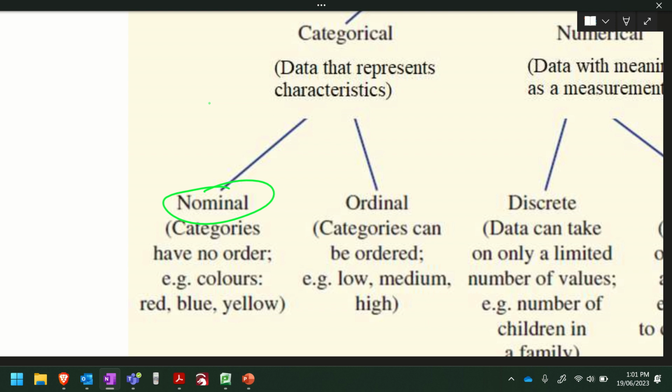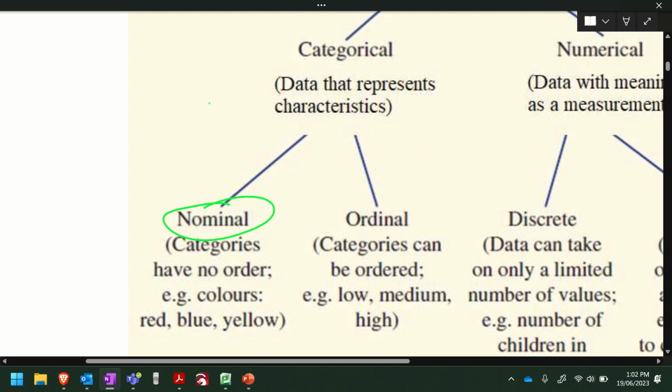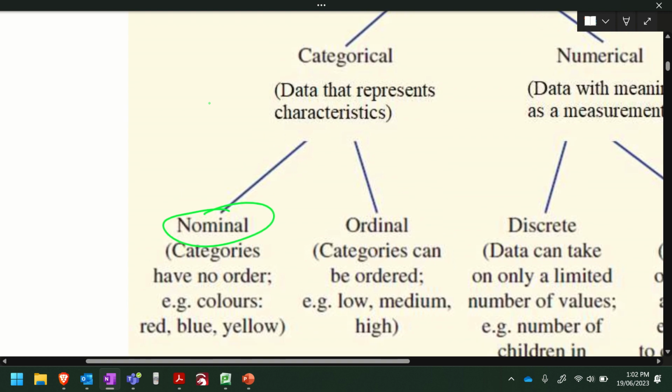Lowest to the middle to the highest. Least popular to the most popular. Likely, very unlikely. Okay, there's a specific order to the type of data. So even though it's still descriptive, there is still order to it. Yeah, so categorical, you can break it down to nominal or ordinal.